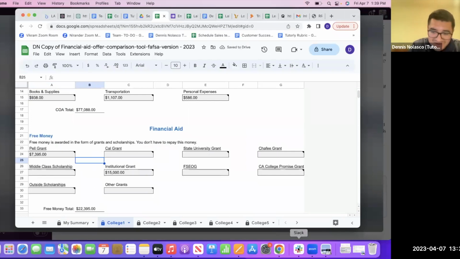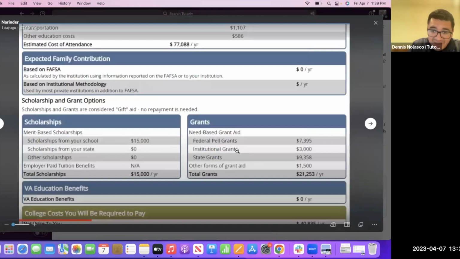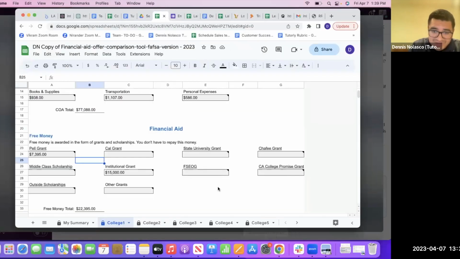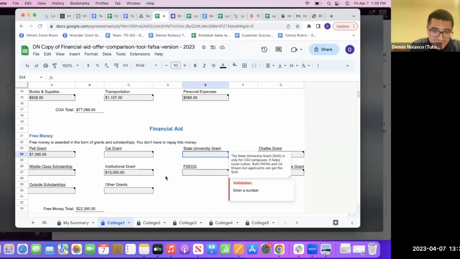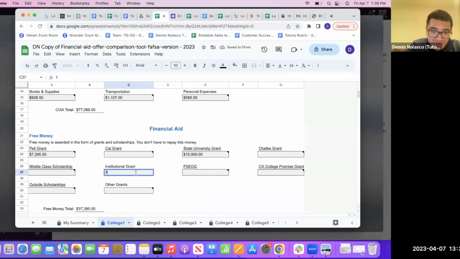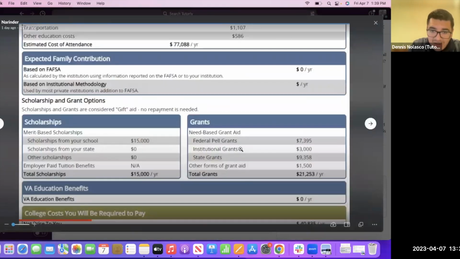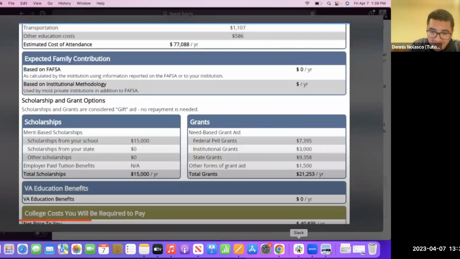What else did they get? They got institutional grants, so another 3,000. Actually, we're going to switch these. We're going to put this 15,000 here under state university grant, and then we're going to put $3,000 here. And then state grants, 9,358.